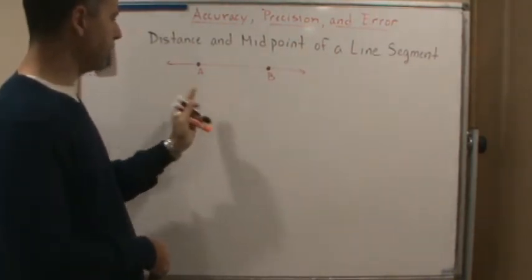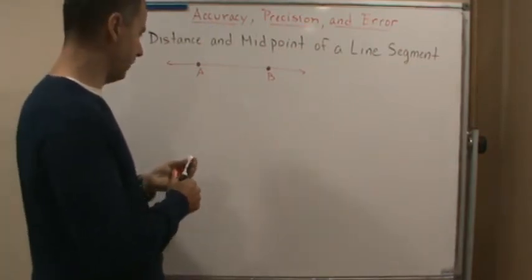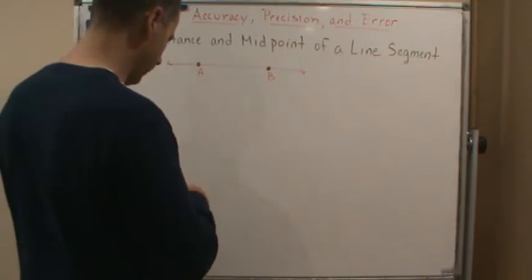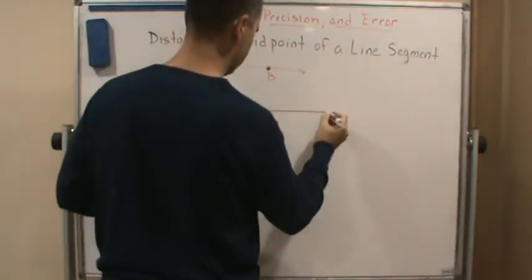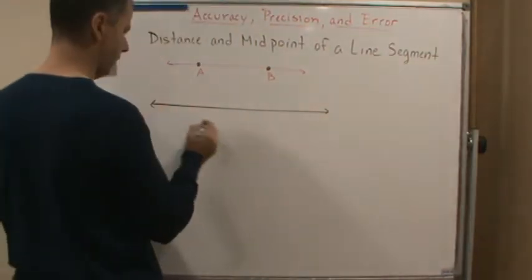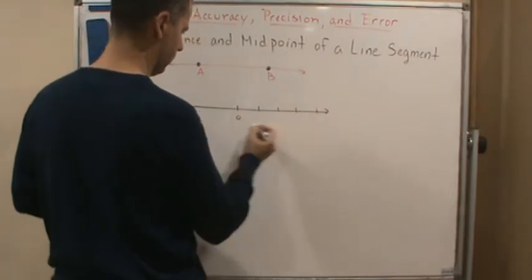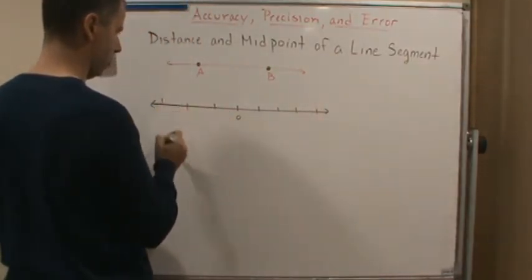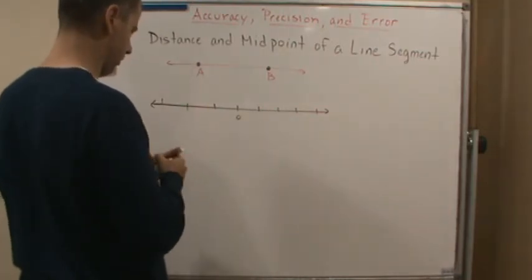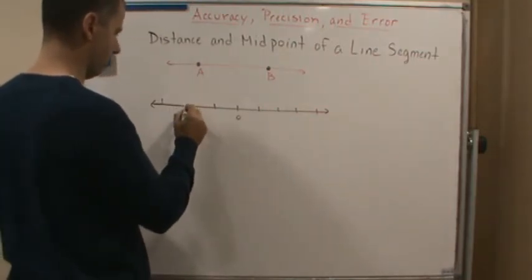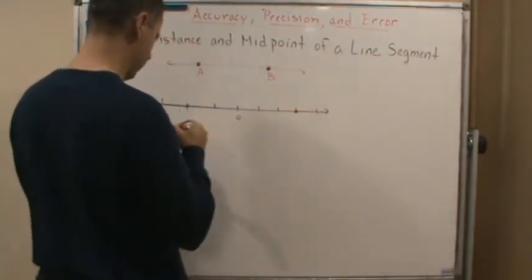So if we were to map this out on a number line, let's say these points are on the real number line. Okay, and let's say we have this situation.